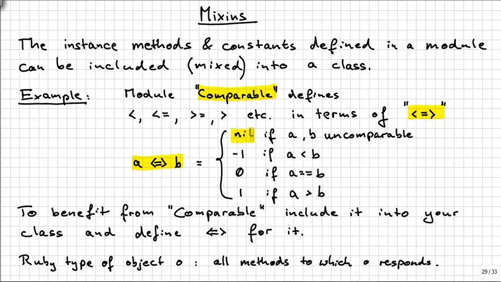An example of this is if they are of different types. It gives -1 if A is less than B, according to whatever semantics you want to assign to this operator. It returns 0 if A and B are deemed equal, and it returns 1 if A is greater than B.